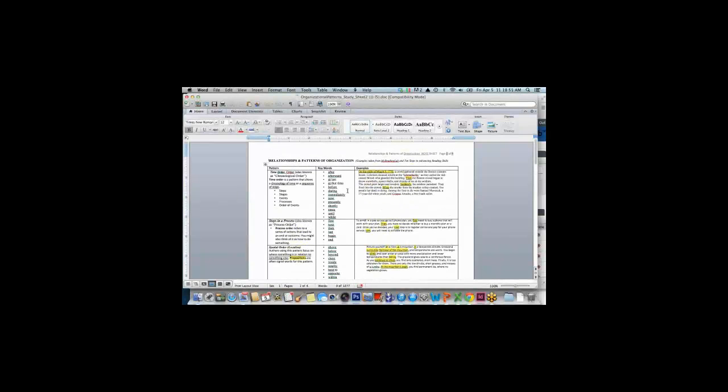So I give credit to where I've gotten this information, but I'm showing students when they're reading different items to definitely highlight their transitional words so they can really identify the patterns and then take ownership of knowing what that pattern of organization may be.